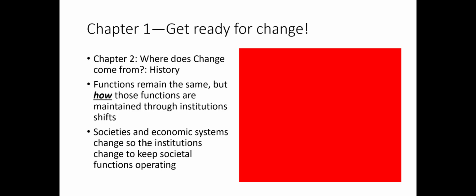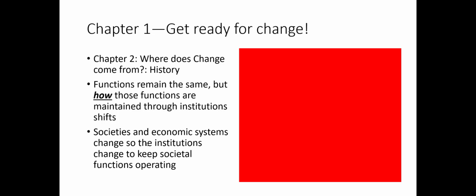In the old days, now we also have parents teaching their children at home. So that's kind of a return to an earlier way of doing education. So institutions change and they adapt to the needs of people in society. So that's what we're looking at here.